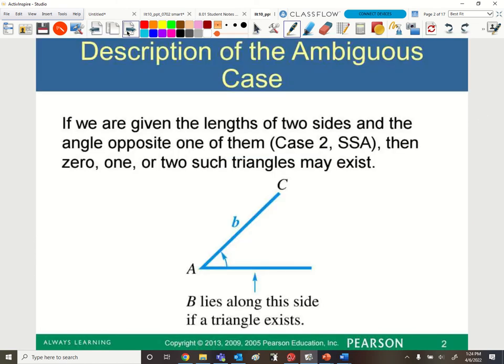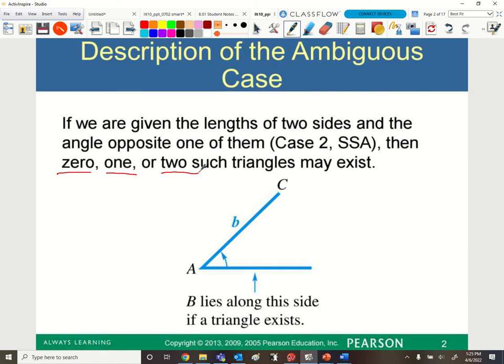Let's start this off. Now, there's a whole bunch of blah, blah, blah here. And I'm going to explain to you what the blah, blah, blah is. So when we're starting with this, it's possible to have 0, 1, or 2 triangles with the ambiguous case. Because just because you have 3 pieces, it doesn't mean that those 3 pieces together are going to make a triangle.